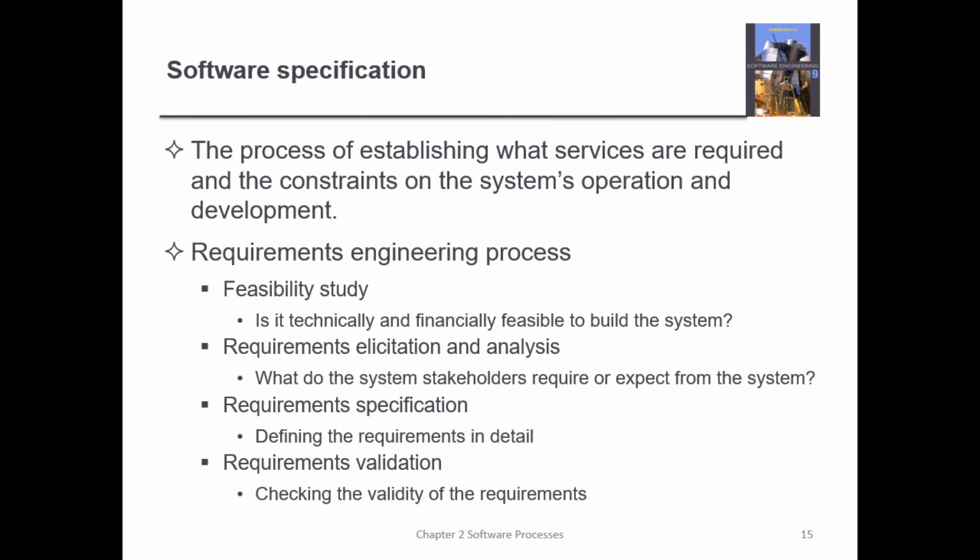So under software specification, we do what we call the requirements engineering process. You know, engineering is like manufacturing, and engineering is a process. So if you are to do software specification, this is what you go through.